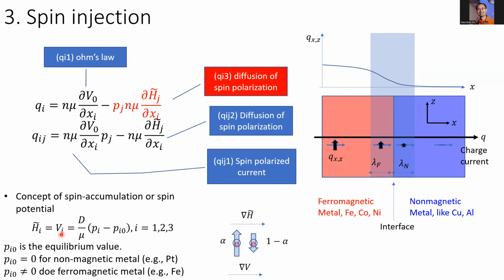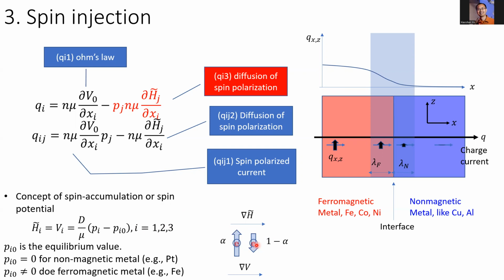Actually, HI is basically the VI we just introduced, where I equals 1, 2, 3. It's a spin potential or spin accumulation. Let's try to understand this term by looking at this picture. Suppose that in space, in some places you have more spin up, and in some places you have more spin down.